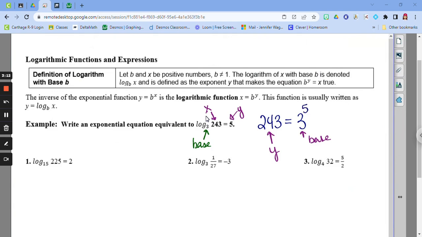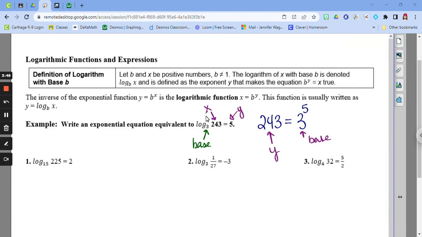It should make mathematical sense. 3 to the 5th power is 243. If you write that any other way, it's not going to be a true statement. Because 243 to the 3rd power is not 5. And 3 to the 243rd power, yeah, still not 5. So it will be a true statement if you write it correctly. Otherwise, no.